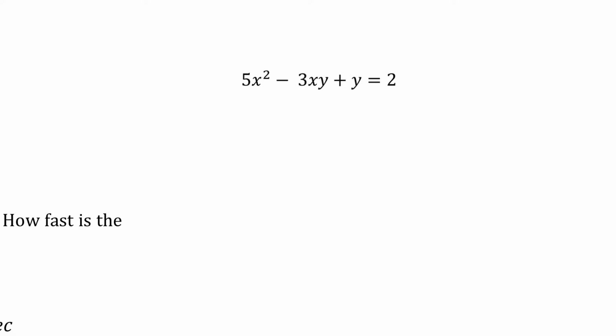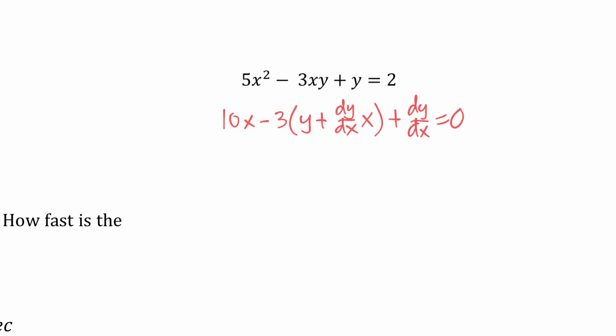So this is going to be 10x minus 3 times, here's the product rule, f prime g plus g prime, and then that's dy dx, and then f prime g plus g prime f, plus 1 times dy dx equals 0. Derivative of 2 is 0.